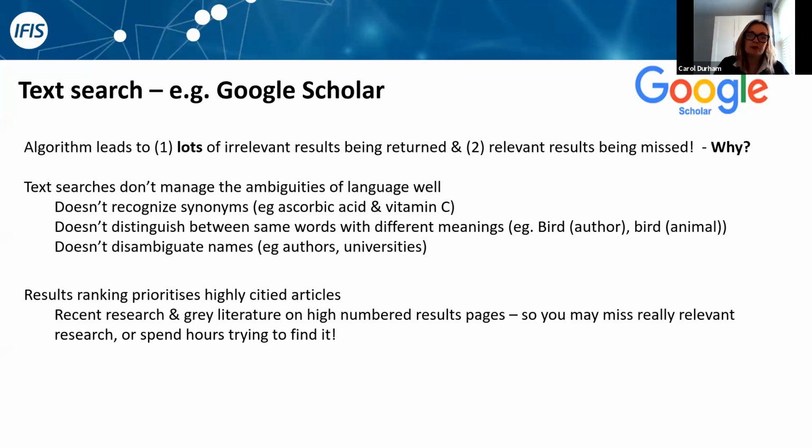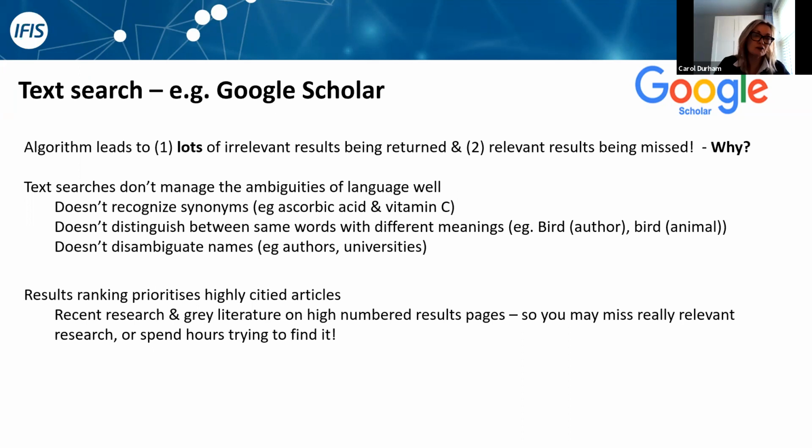Also, the results that come back are often ranked by how highly cited those articles are. That means that recent research, which hasn't had the opportunity yet to be highly cited, can never compete with an article that was, say, published in 1987 and is very highly cited. The same goes for grey literature, where the content is published in other types of publications, not necessarily journal articles, but is really relevant to what you're looking for.